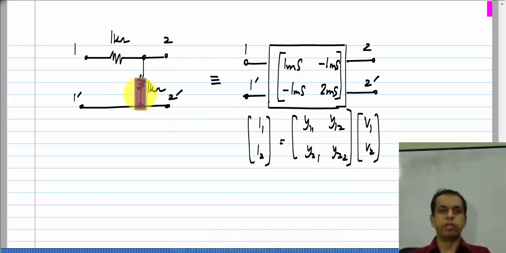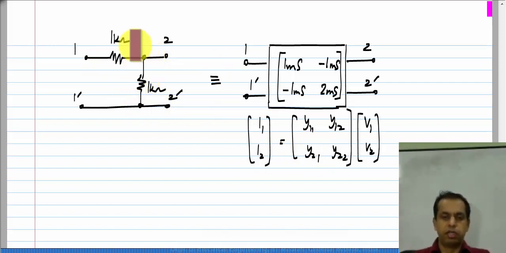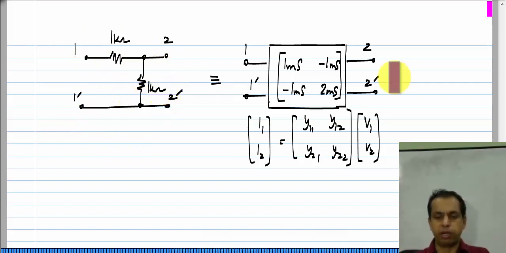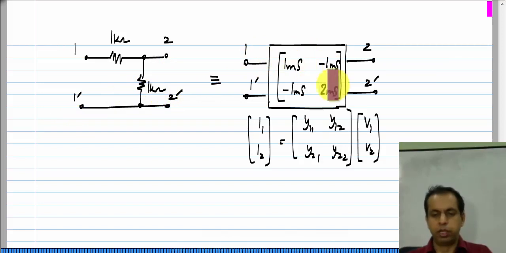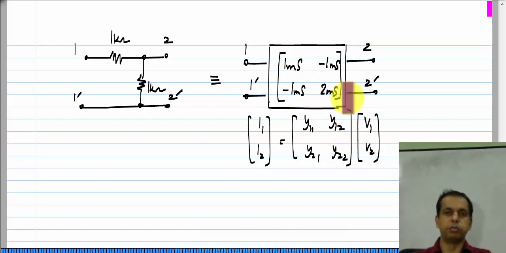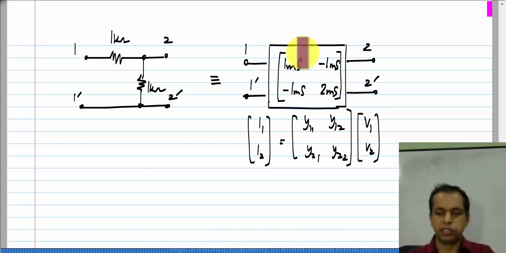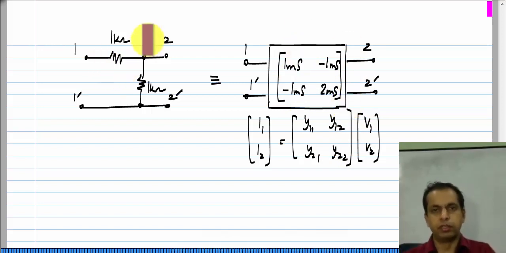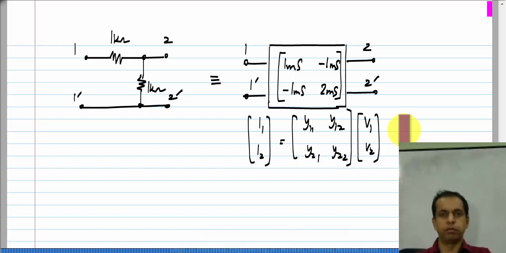Now, this circuit is so simple that you can analyze anything even with this circuit in place, but you could have 100 resistors in here. As long as you have only 2 pairs of terminals provided to you, it can be represented by only 4 parameters, the 4 Y parameters. Okay. So, the calculations become a lot simpler. So, this is an equivalent representation of that one. Okay. So, that is all that is there to it.